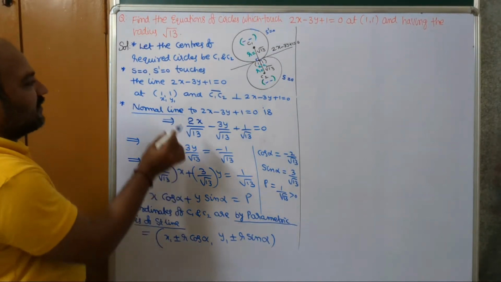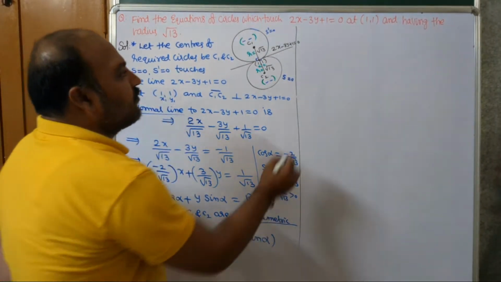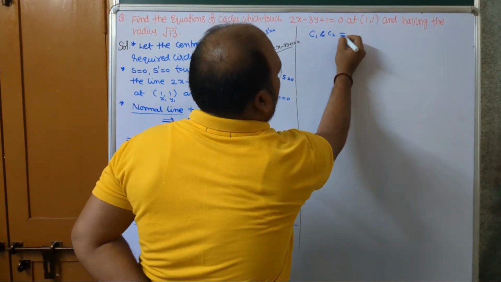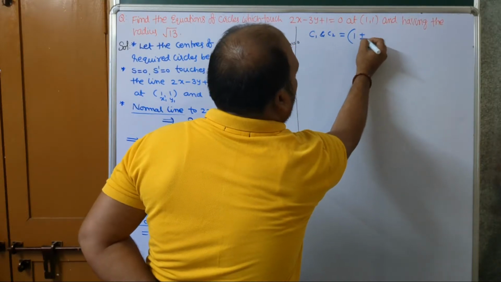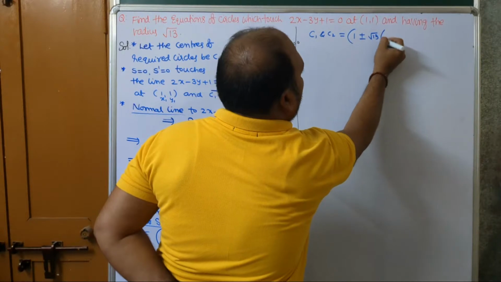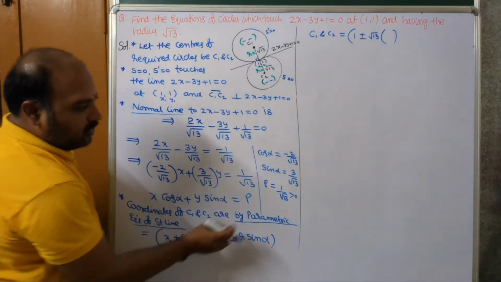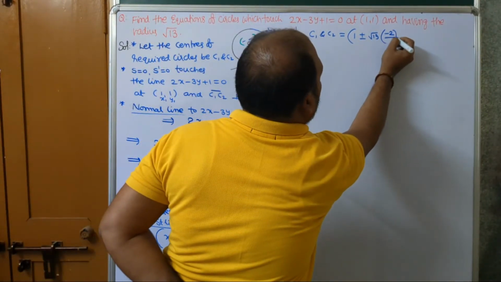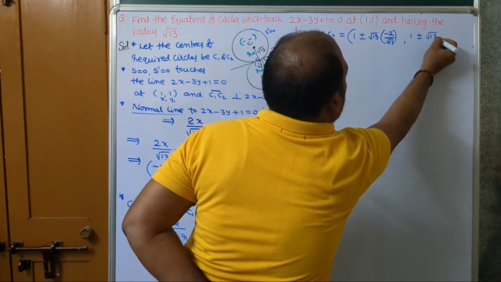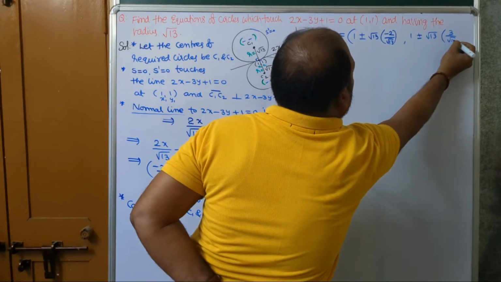So the x1, y1 value is also given, 1, 1. So the centers C1 and C2: x1 means 1 plus or minus r value root 13 times cos alpha value minus 2 by root 13, comma 1 plus or minus root 13 times 3 by root 13.